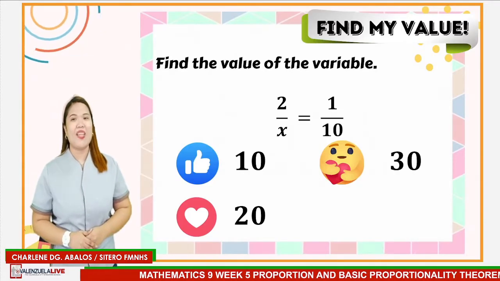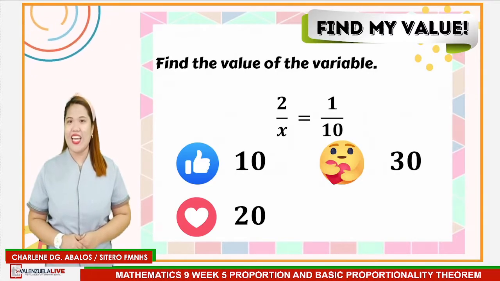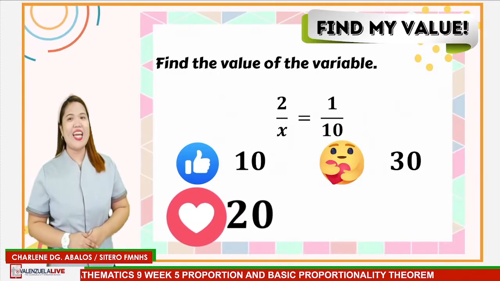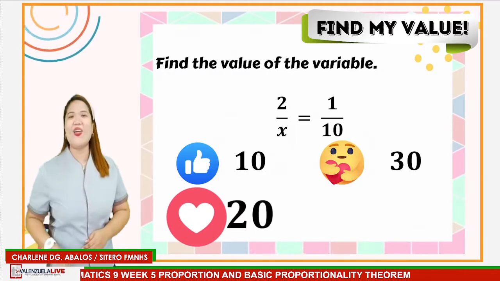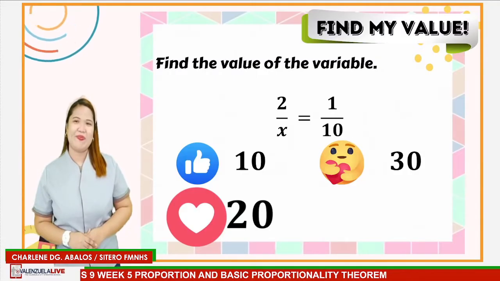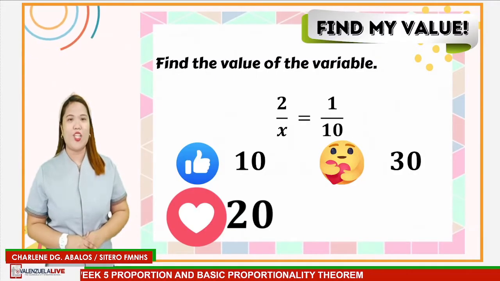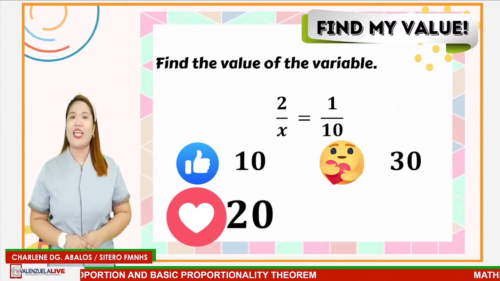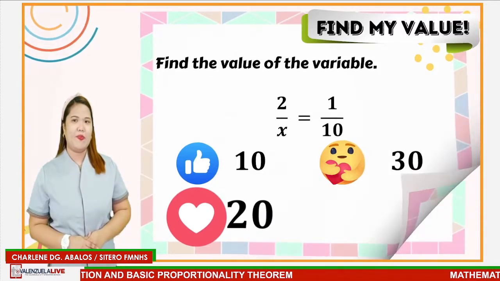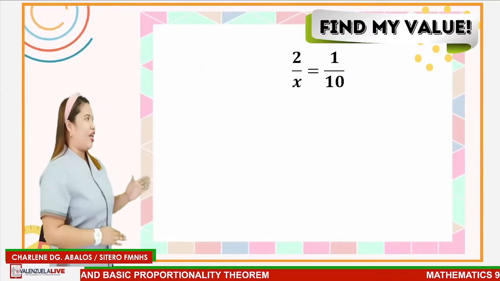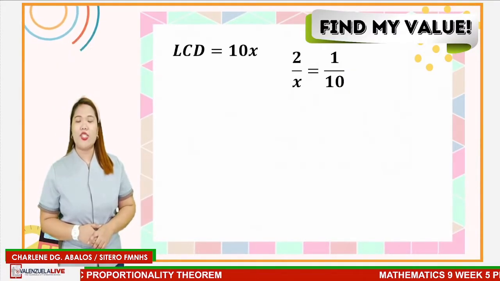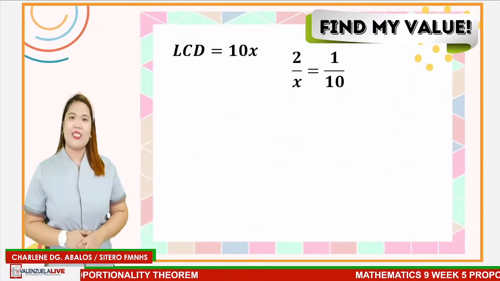Time is up. The correct answer is 20. So, if you click the heart reaction, then you are correct. Applying multiplication property of equality, multiply both sides by its LCD. In this case, our LCD is 10x. Multiply both sides of the equation by 10x.